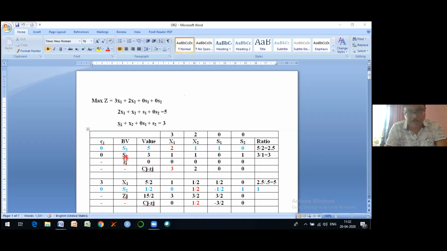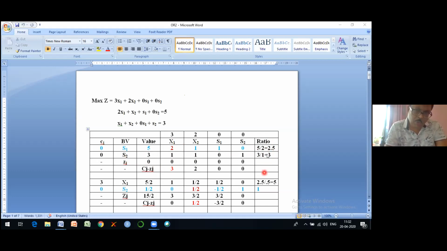In the same way, the value of the second constant is 3. So 3/1 equal to 3. Now, again you write another rule.